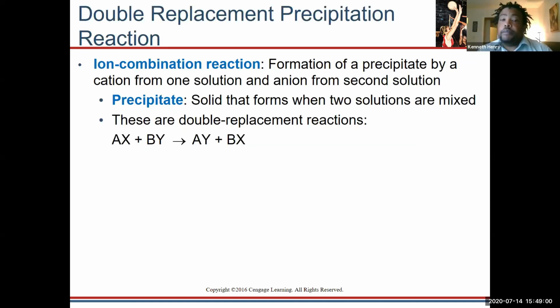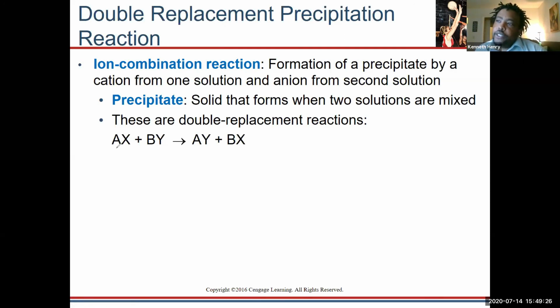Okay, so we've talked about double replacement reactions before, but now we need to start thinking about it in terms of precipitation. So there are rules to precipitation, but for you guys, I'm going to let you use this table rather than memorizing all of the rules. When we have a double replacement or double displacement reaction, we're mixing up partners.